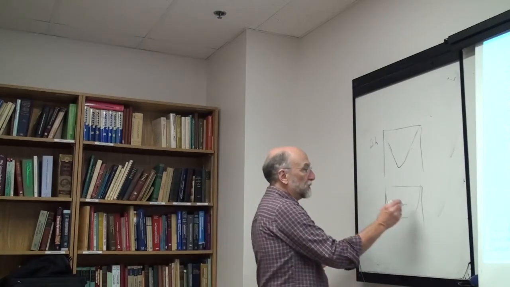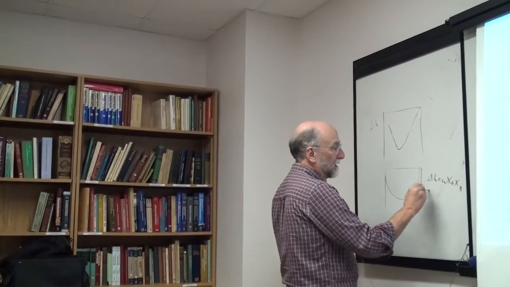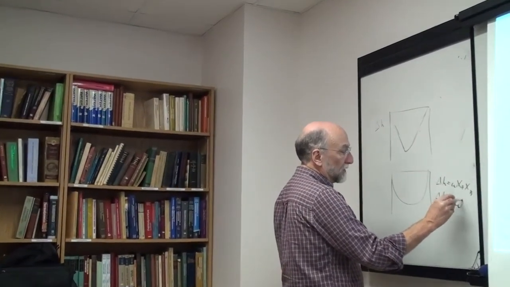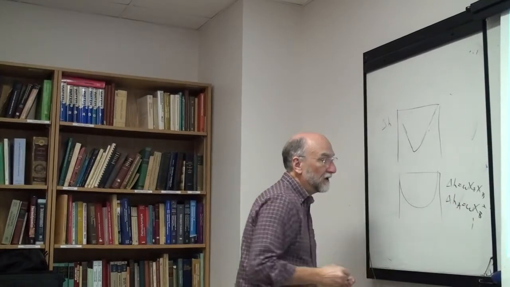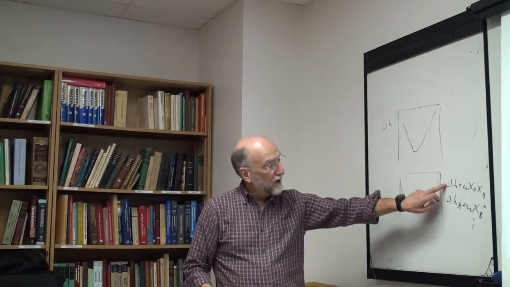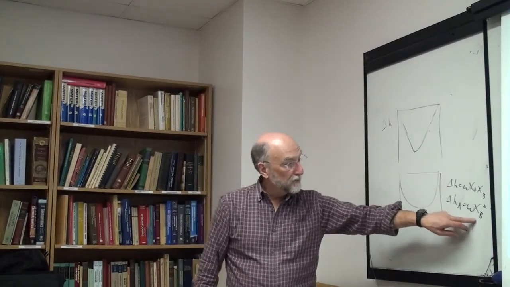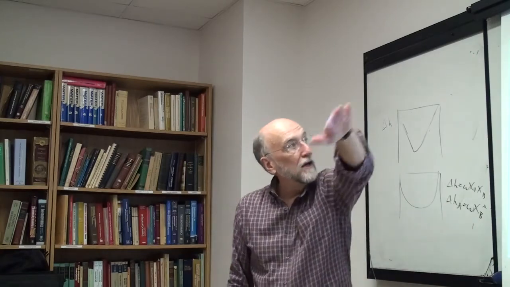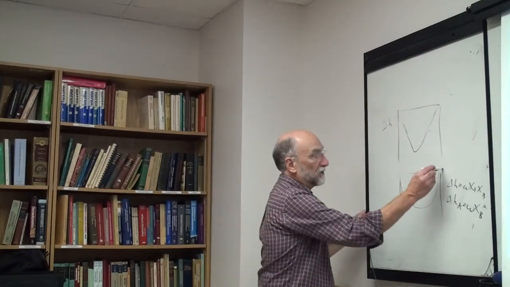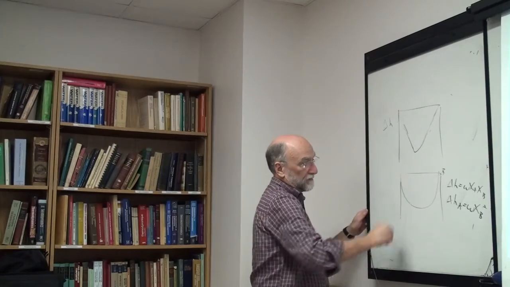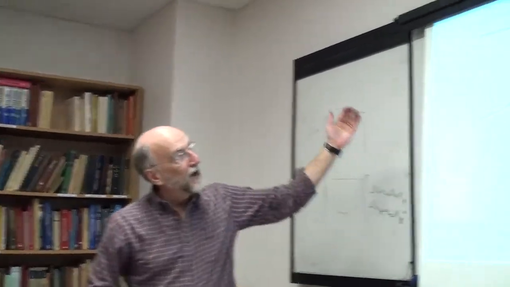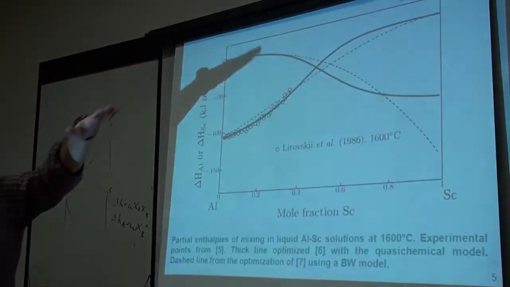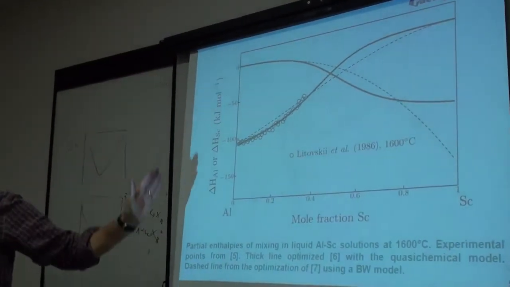If the heat of mixing is parabolic, then delta H is omega XAXB, and delta HA is omega XB squared, as we said before. So if the integral is parabolic, Bragg-Williams, the partial is also parabolic, and this is XB squared, and you get a parabola. So that dotted line is the Bragg-Williams, and that's your typical parabolic partial.